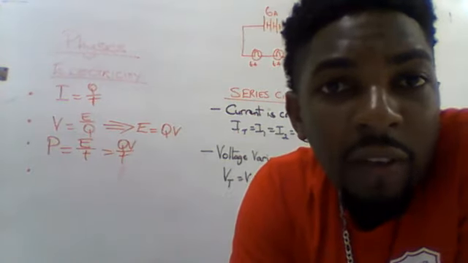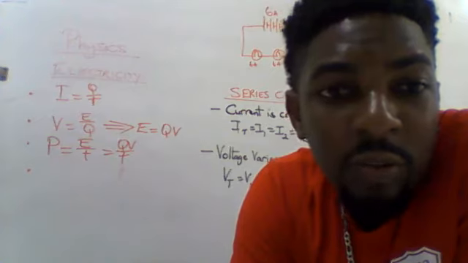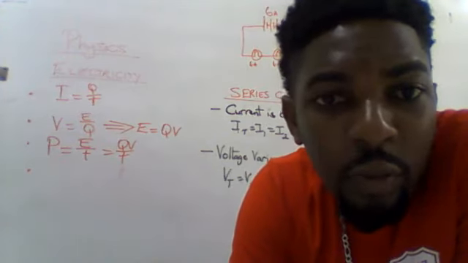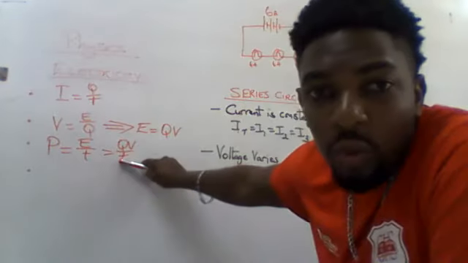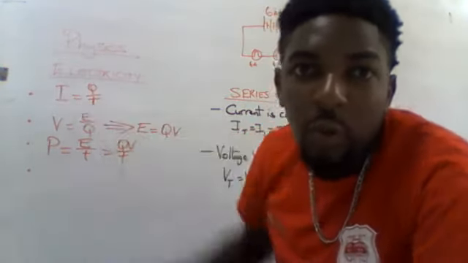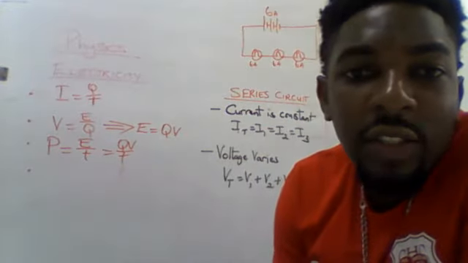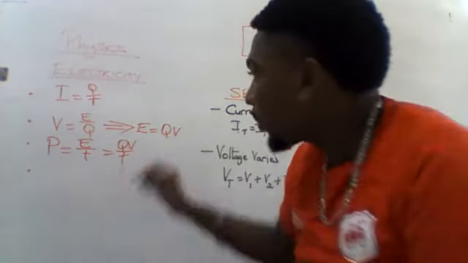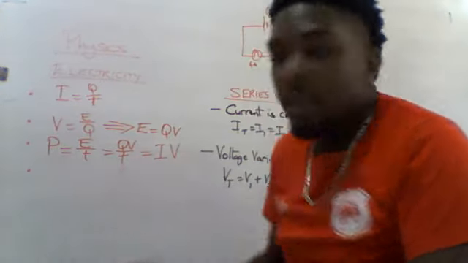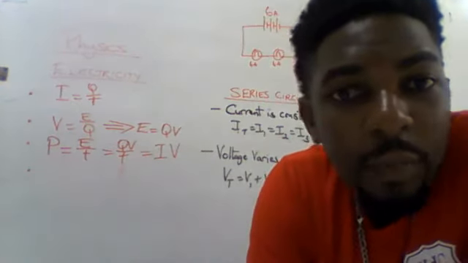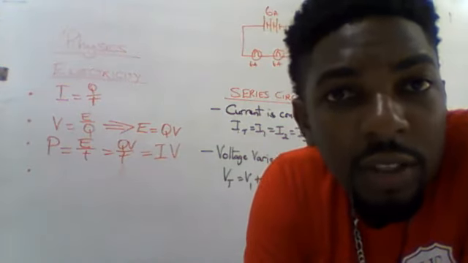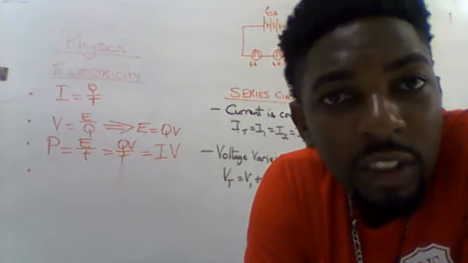Now, suppose we don't have all those quantities, but what we want to realize is that Q over T is also equivalent to something that we know. Q over T is actually equivalent to electric current. So therefore we can substitute that into our formula. So it works down to be that power is also equivalent to the amount of electrical current multiplied by the voltage, right?